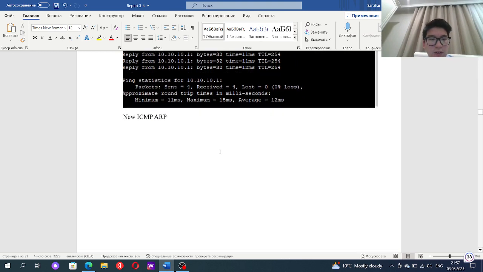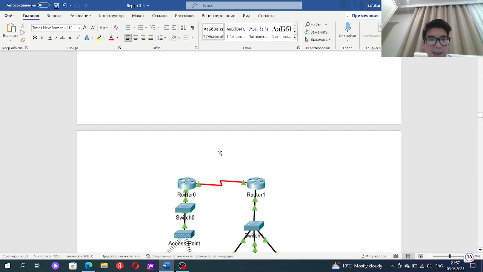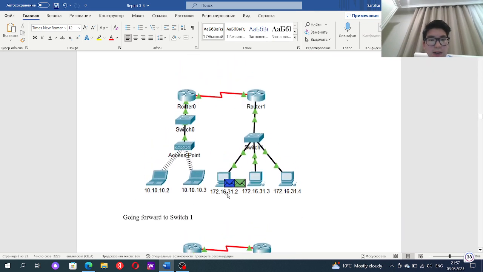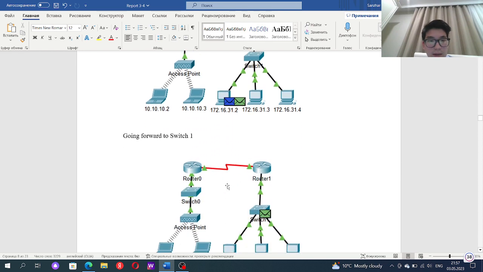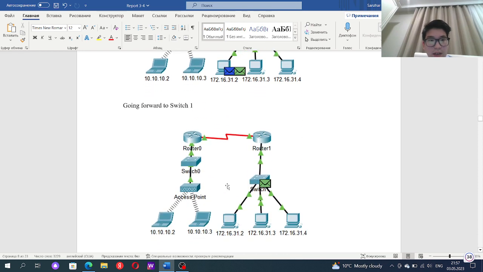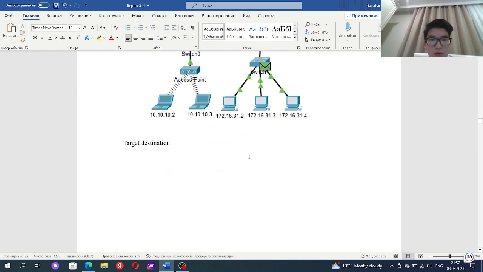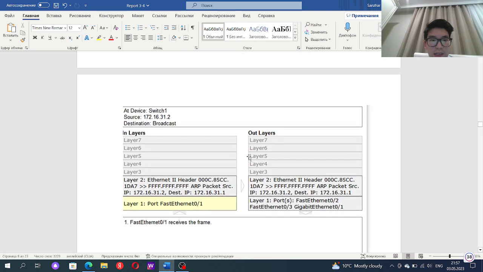We started to make a new ICMP ARP. We can see it's fully done and correctly created, and we pressed the button to the right side. Next, it goes to switch 1, and as we can see, its target destination is fully correct.